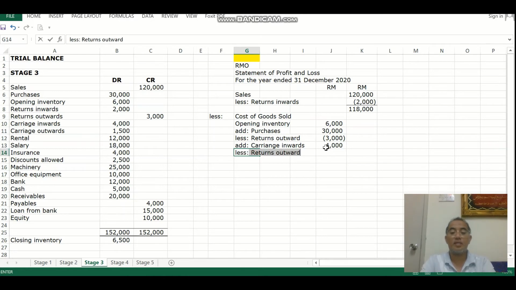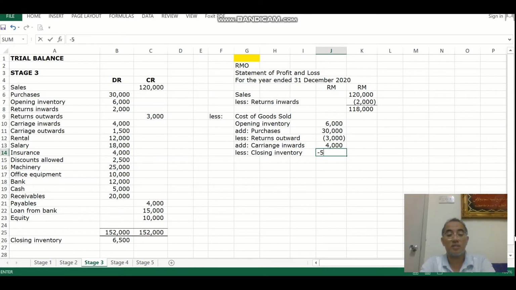Lastly, minus my closing inventory. Did I spell it correctly? So closing inventory, this is the closing inventory at the end of the year. So negative 6,500. So actually, the items inside your cost of goods sold are opening inventory, purchases, return outwards, carriage inwards, and closing inventory.